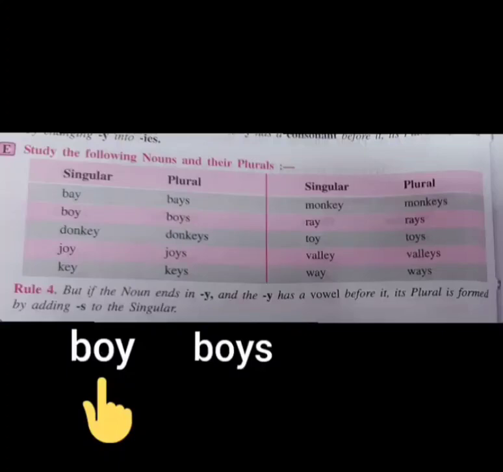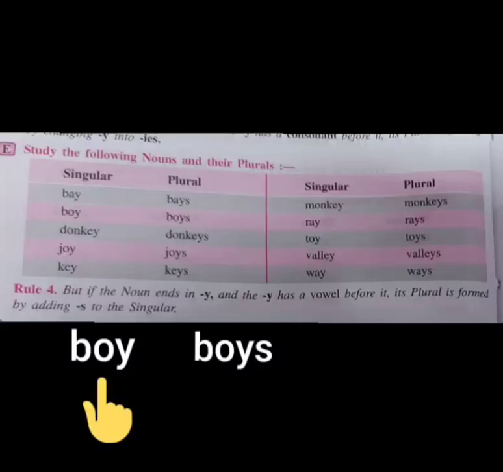But here the case is different, right? Better you need to understand the case first, okay? It says we have to understand that the noun ends in y and y has a vowel before it. Earlier there was a consonant, but now we have a vowel, okay? So its plural is formed by adding s to the singular.